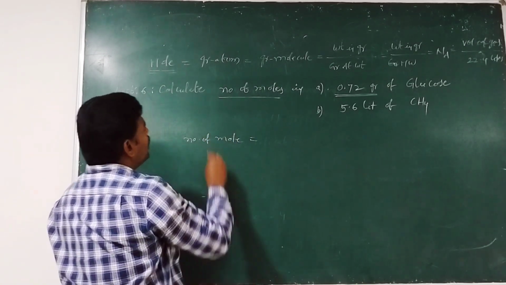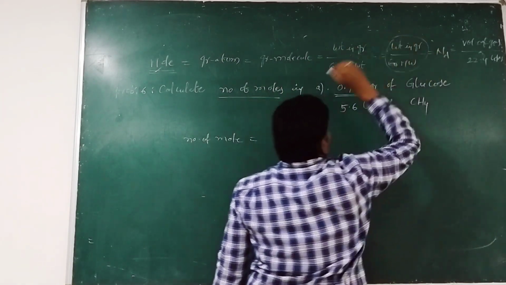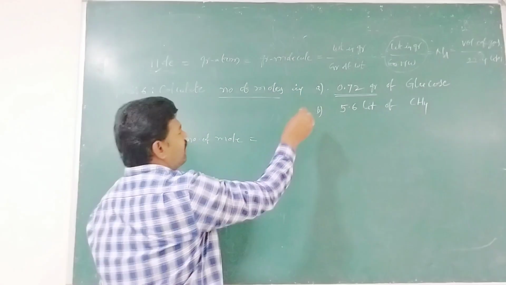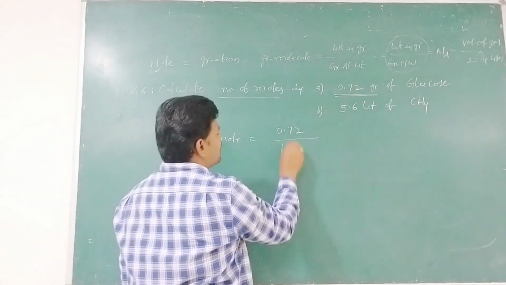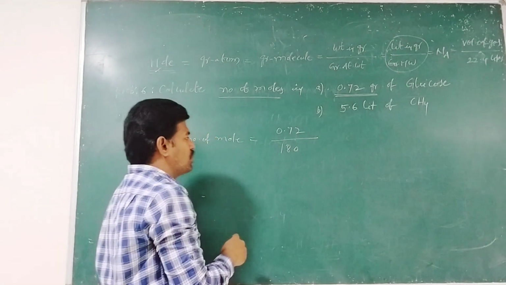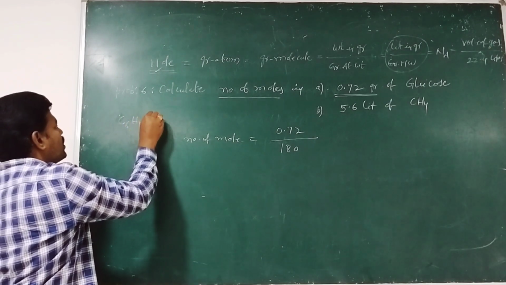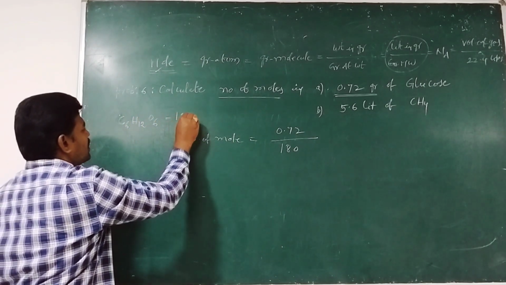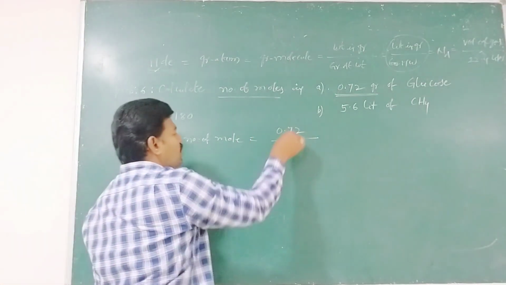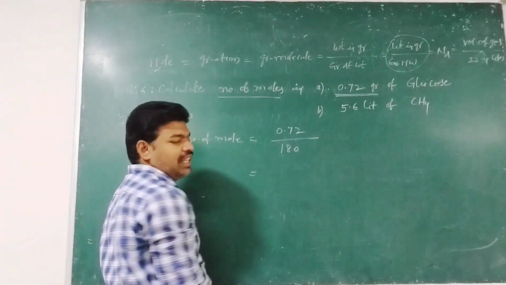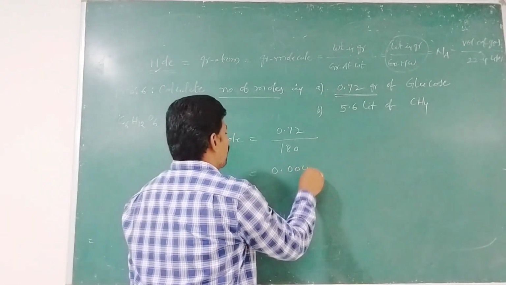We know number of moles is equal to weight by gram molecular weight. So weight, what they gave, is 0.72 grams, and the gram molecular weight is that of glucose. The glucose molecular formula is C6H12O6. Its molecular weight is 180 grams. So 0.72 grams by 180 gives the number of moles, that is 0.004 moles.